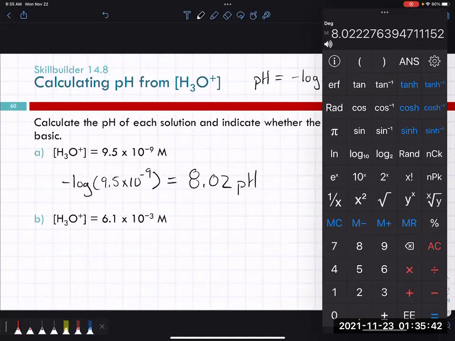So very similar to our scale, 10 to the negative 7 is neutral, 10 to the negative 8 is acidic. So this is 9.5 times 10 to the negative 9. Our pH though is 8.02. So this is going to be basic.